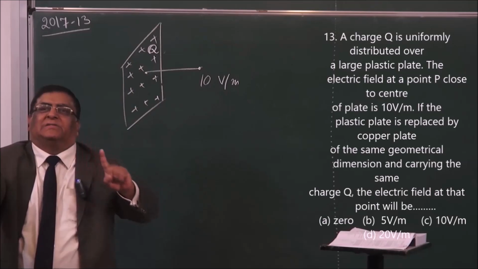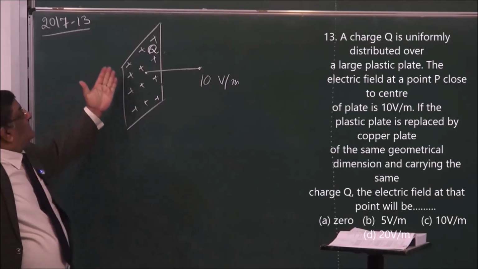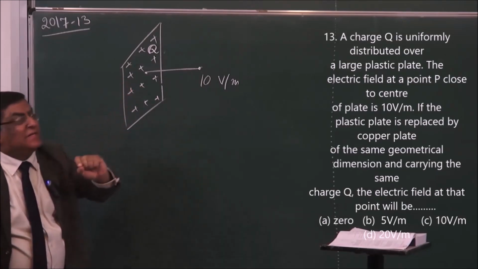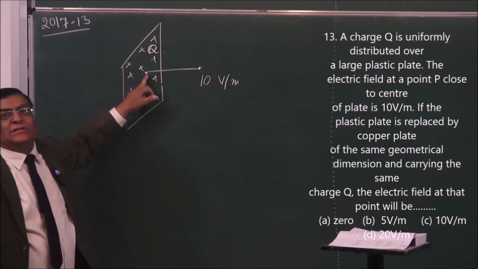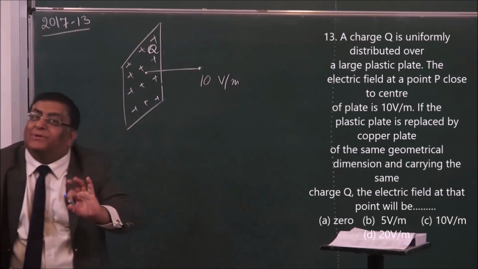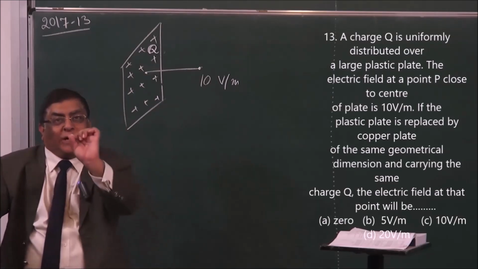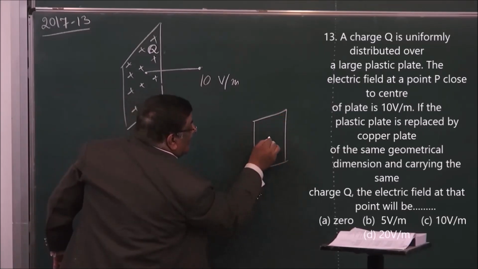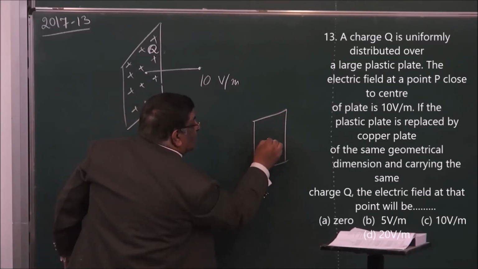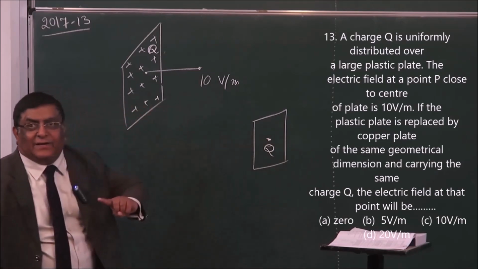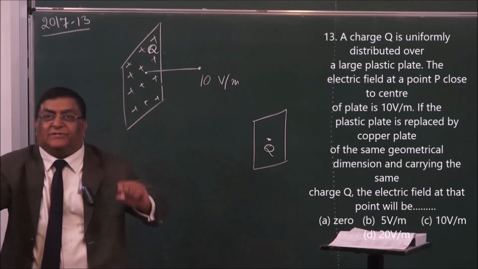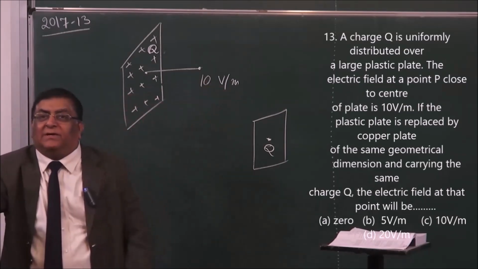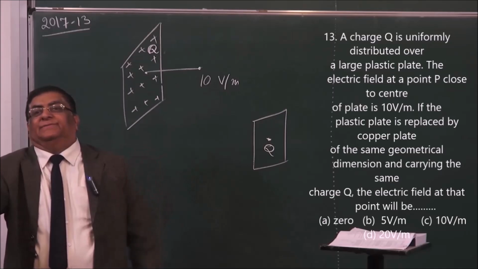कॉपर में जब हम चार्ज देते हैं तो कॉपर का चार्ज इक्वली डिस्ट्रीब्यूट हो जाएगा. प्लास्टिक में जब हम चार्ज देते हैं तो वो चार्ज इक्वली डिस्ट्रीब्यूट अपने आप नहीं होता, वो एक पॉइंट चार्ज ही रहेगा. ये यहां अगर हमने चार्ज दिया तो पूरा चार्ज यहां हो जाएगा. लेकिन इस क्वेश्चन में, in particular this question, in the first sentence they have written what? Equally distributed.